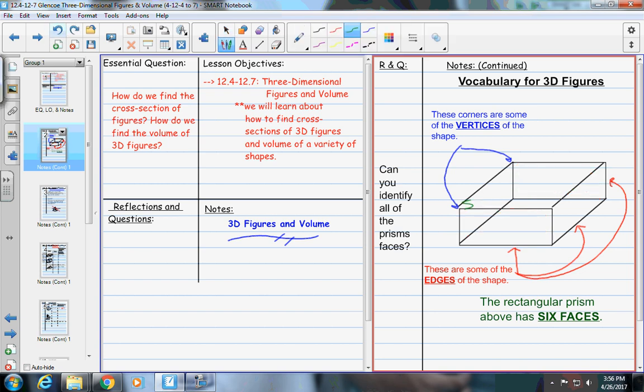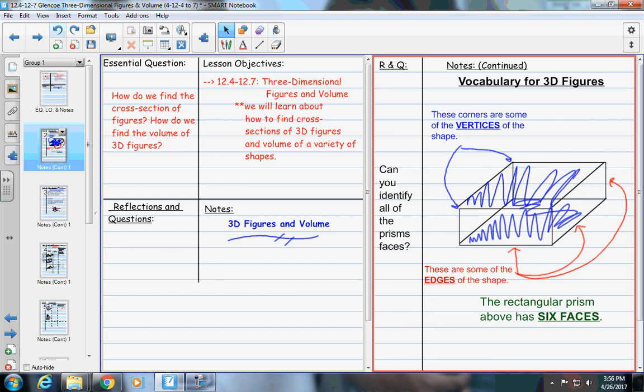This left part of the prism is the same size as this right side of the prism. So now we've gone through 4 of the faces there, and I'm trying to show you the commonality between different faces. And then we have to find 2 more. Those last 2 faces would be the top rectangle as well as the bottom rectangle.